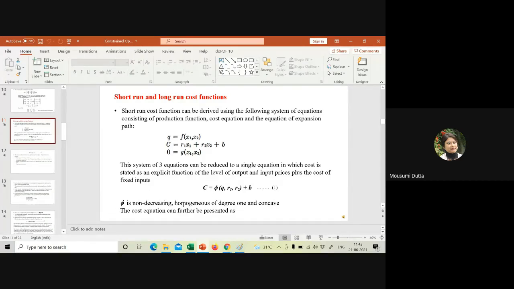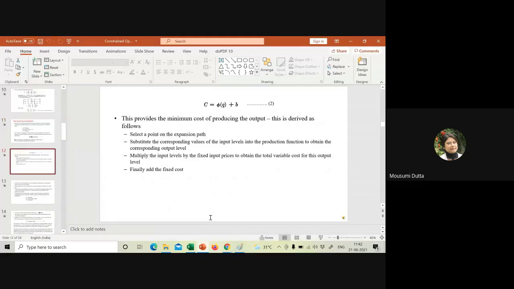If anyone has any doubt regarding the notion of homogeneous or homothetic functions, you will get it from the note. The cost equation can further be presented as C as a function of Q only, plus B, because Q is a function of x1, x2.